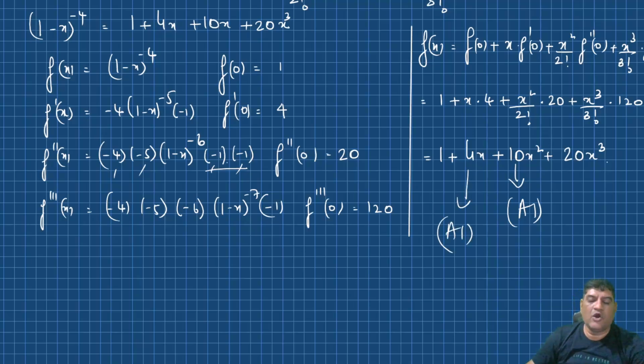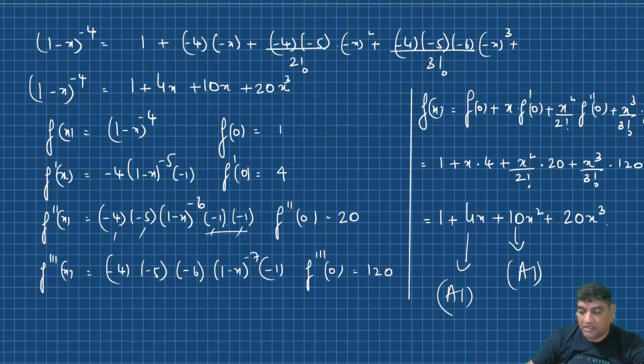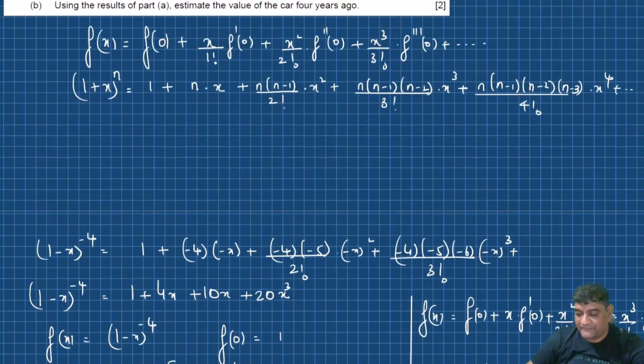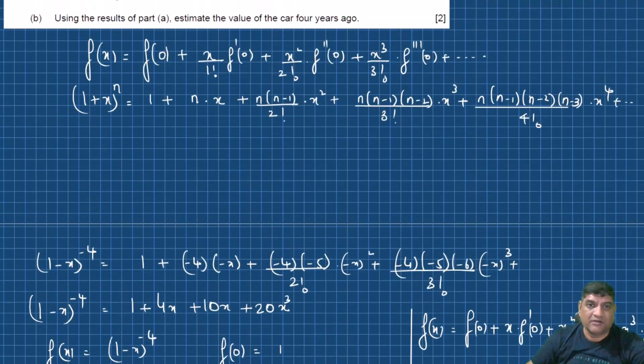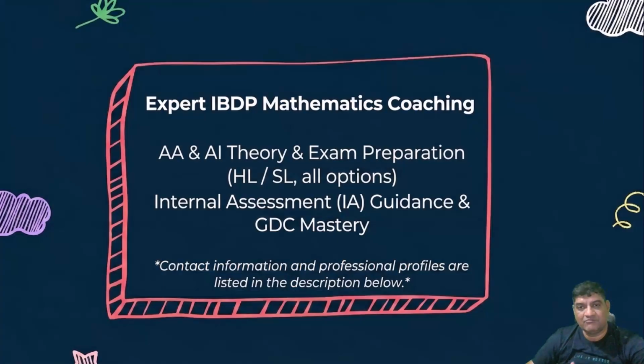Depending on the method you have applied, be it the binomial expansion way or the Maclaurin series expansion way, your 3 marks are awarded for the different steps. If I start discussing all of them, the video will just go lengthy. Just understand that both the methods are fine, and these are going to be your marks.